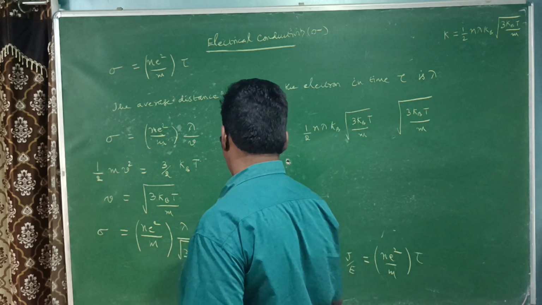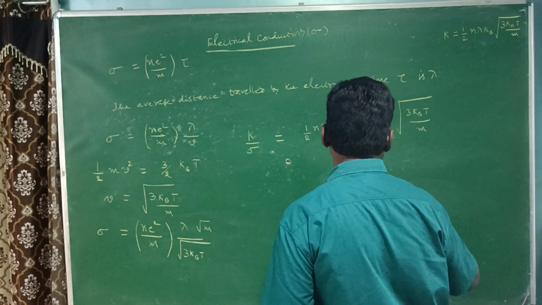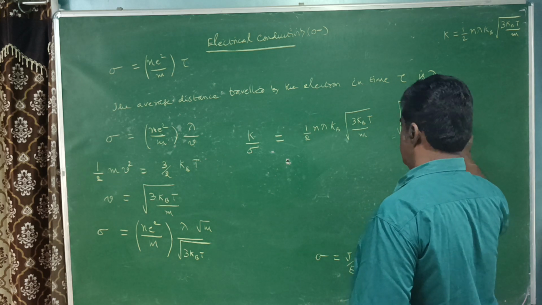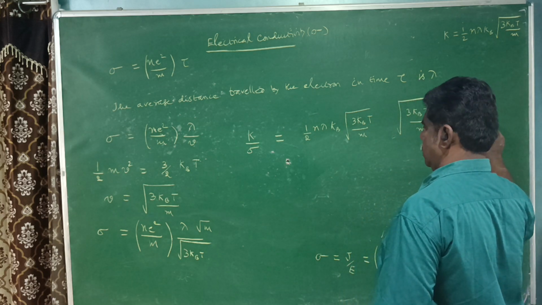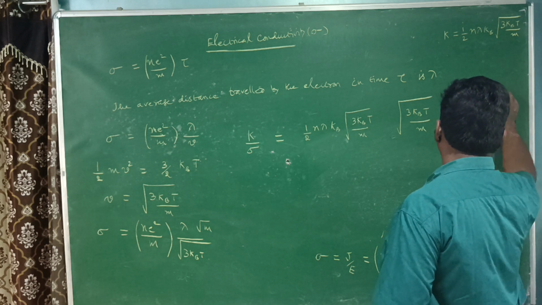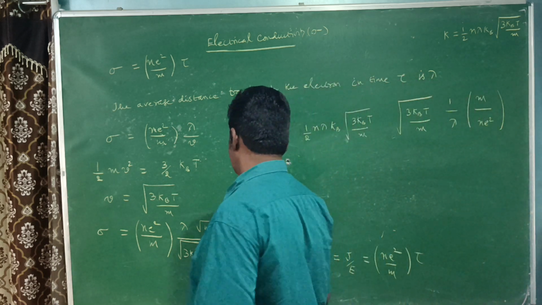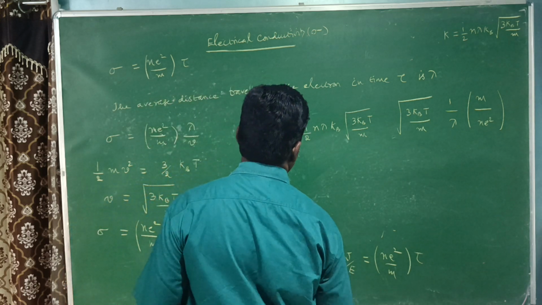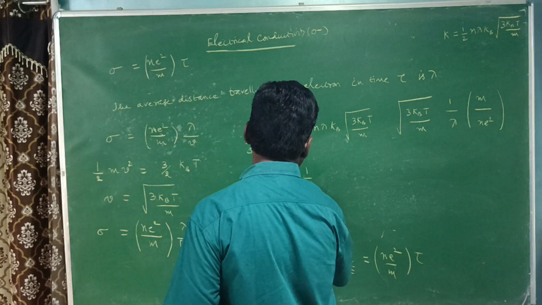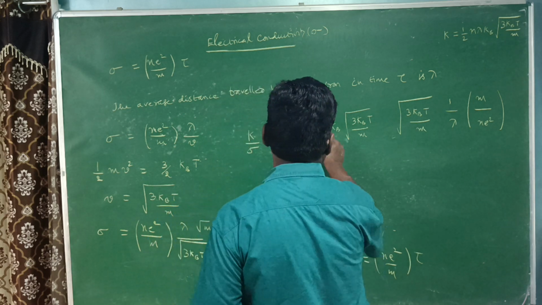Then 1 by lambda m divided by n e square, which is equal to 1 by 2, this.